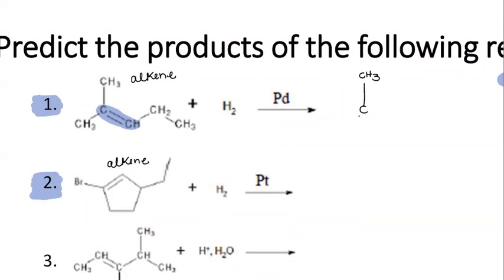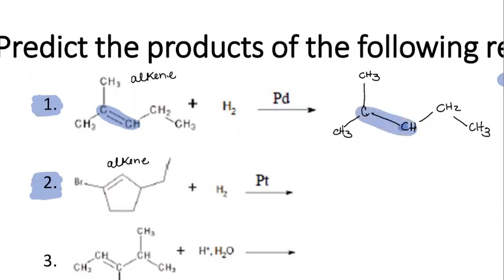I have a carbon. I have a CH3. I have a CH. I have a CH2. And then I have a CH3. Notice that I wrote everything except the carbon-carbon double bond. So this is where the carbon-carbon double bond is.